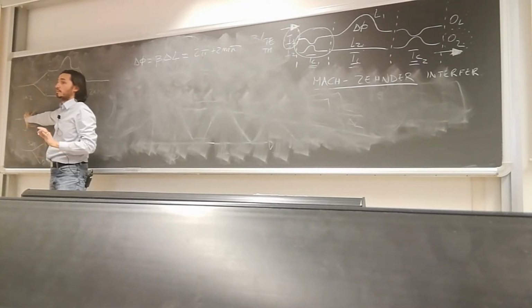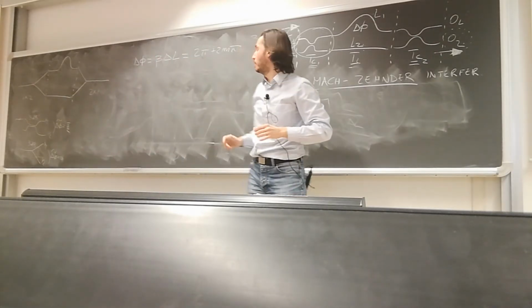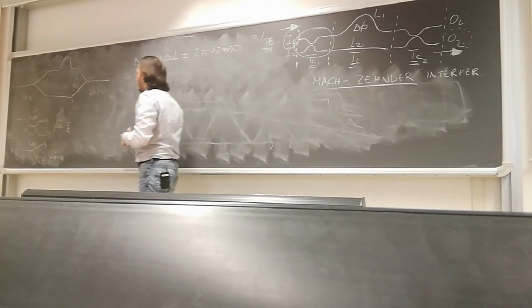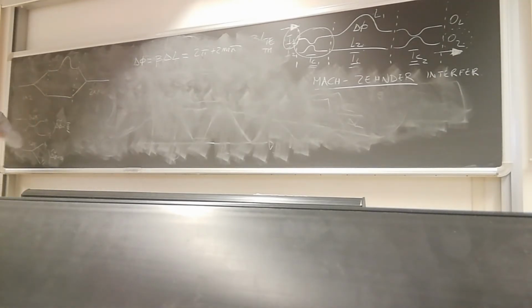Because what matters, don't forget, and you will see this very well moving to more complex architectures, is the total phase shift. Imagine that your input beam is divided in two, so you have an initial phase shift. This initial phase shift is pi half in a directional coupler, so one of the two is already delayed.